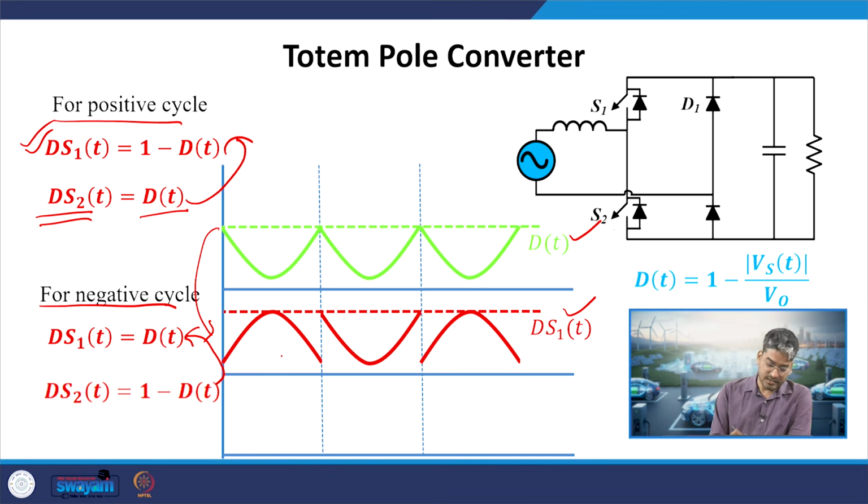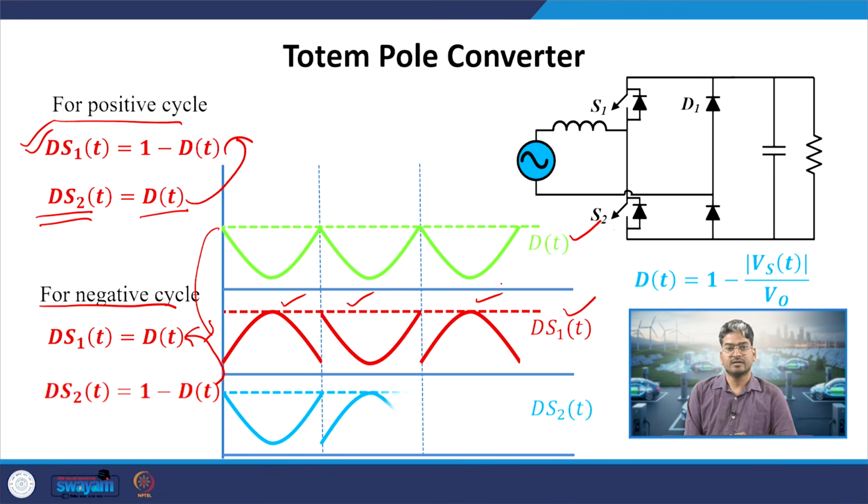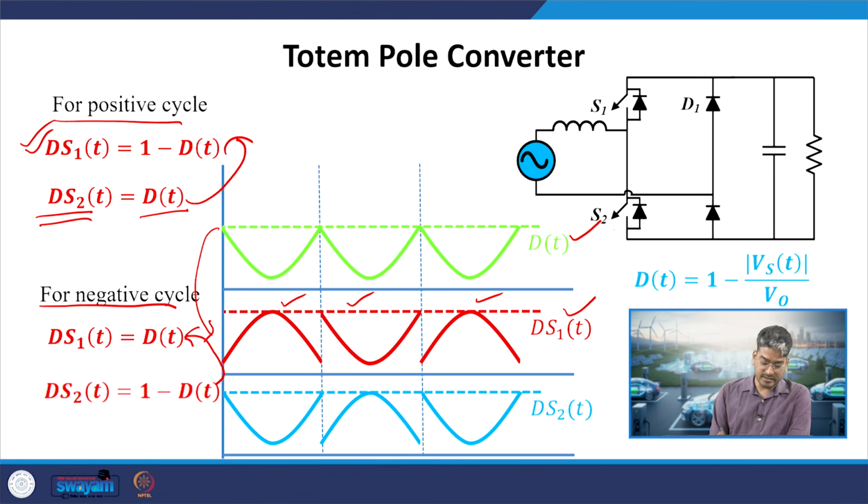Then in the negative half cycle, it is given directly the duty ratio function, so it will be as it is, and similarly for the positive half it will again be 1 minus d(t). Whereas switch 2 has exactly complementary operation when compared to switch 1. In the positive half cycle it gets directly the duty ratio, whereas in the negative half cycle it gets 1 minus the duty ratio. So, these are the pulses which will be given to switch 1 and switch 2 in this case.